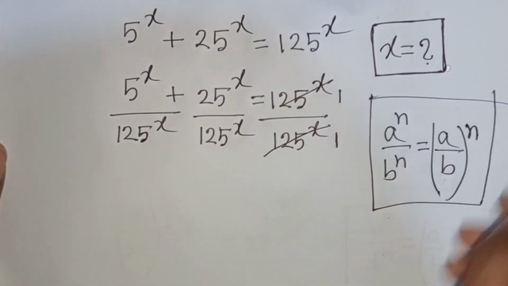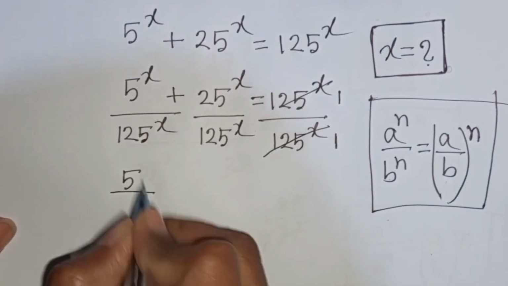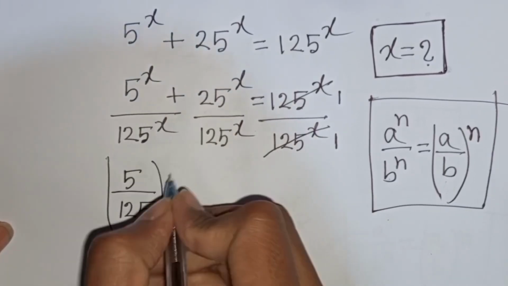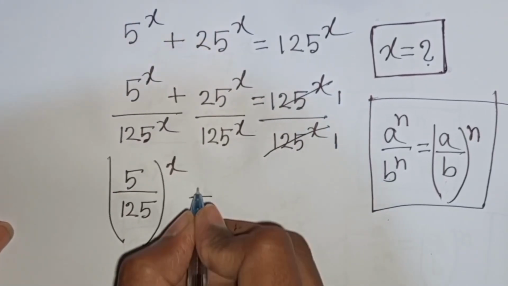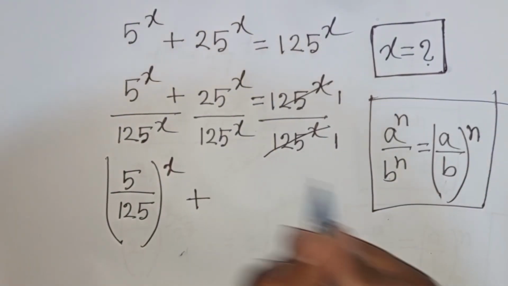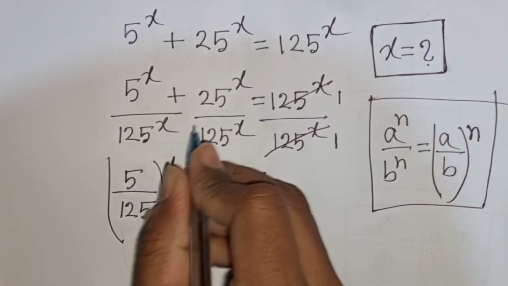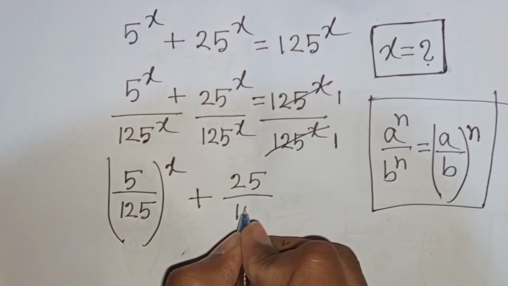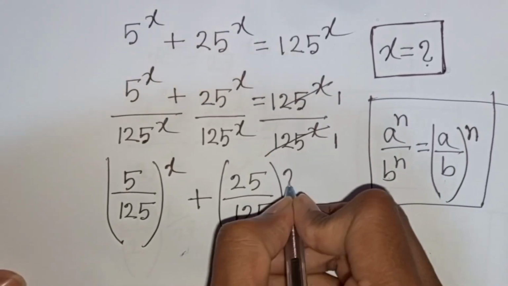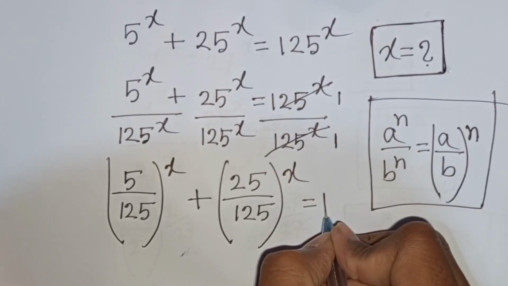So according to this exponential rule, we can write here 5 over 125, then bracket common power x, plus again x is the same power but different base. So according to this formula, we can write here 25 over 125, then bracket common power x is equal to 1 divided by 1, that means it will be 1.